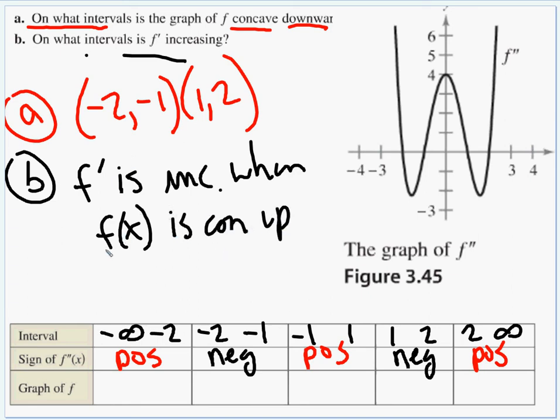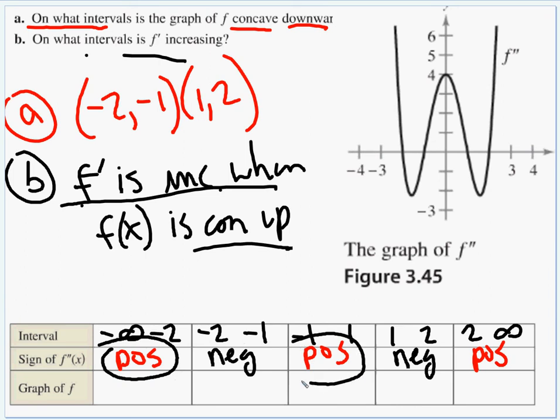So if we know where the original graph is concave up, that is where f prime is increasing. And it's concave up when the second derivative is positive. So the intervals -∞ to -2, -1 to 1, and 2 to infinity is where our f prime would be increasing.